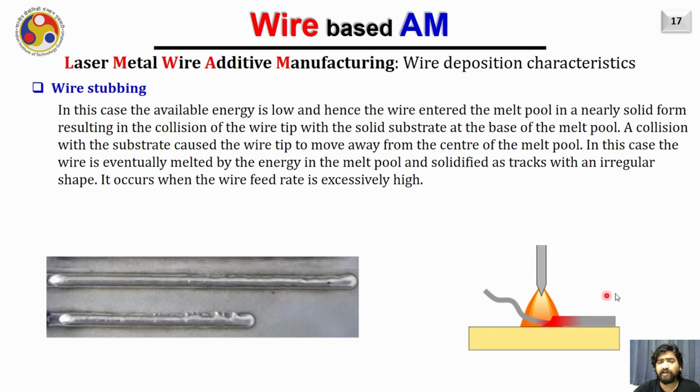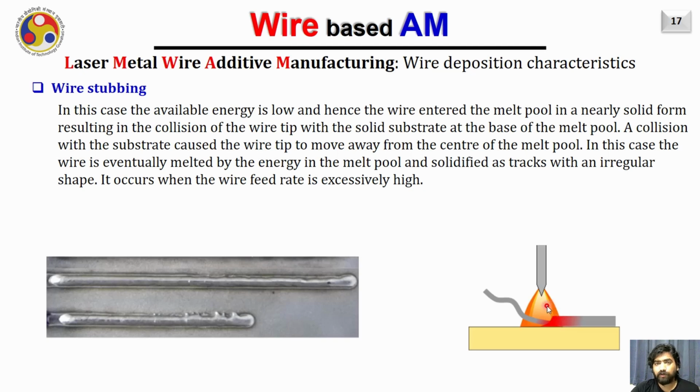In this case, the available energy is low and hence the wire enters the melt pool in a nearly solid form, resulting in a collision of the wire tip with the solid substrate at the base of the melt pool. The collision with the substrate causes the wire tip to move away from the center of the melt pool, and hence in this case the wire is eventually melted by the energy of the melt pool, not completely by the energy available with the beam.